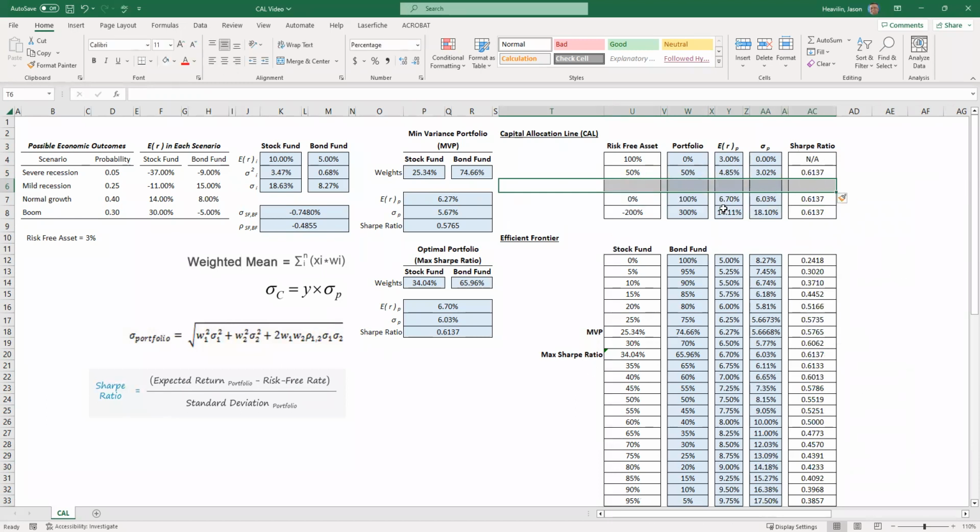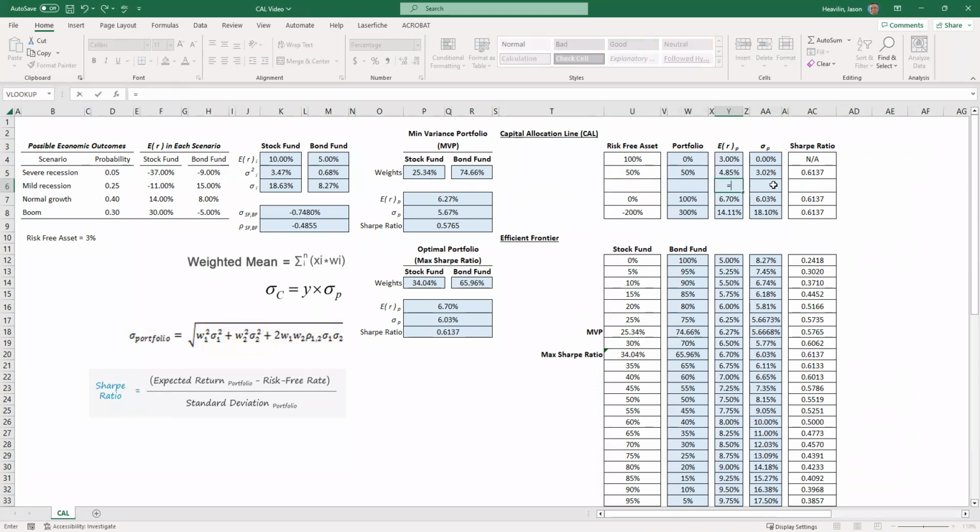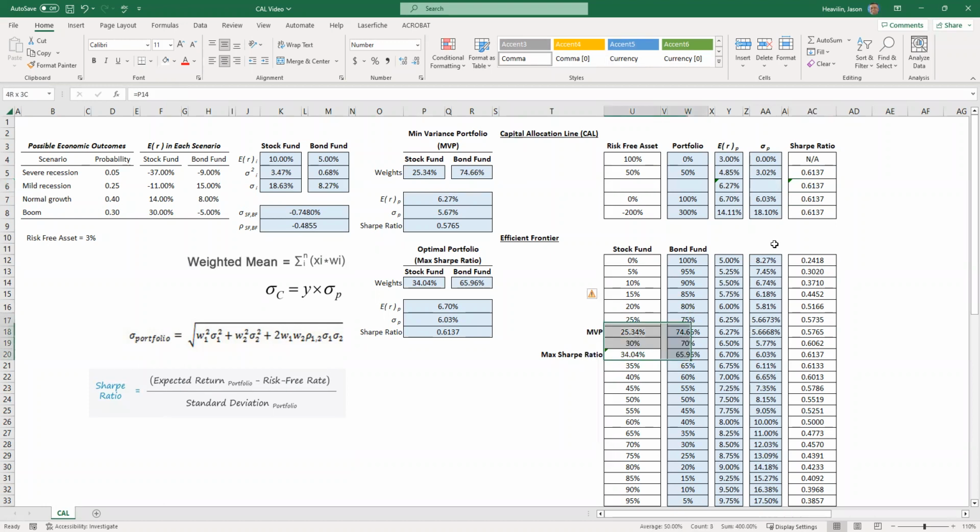That way everything stays aligned. So we're going to start working in reverse a little bit. We know that's the return we're looking for. Where does it belong in here? But we know it's somewhere between here. We do know that our Sharpe ratio should be the same.